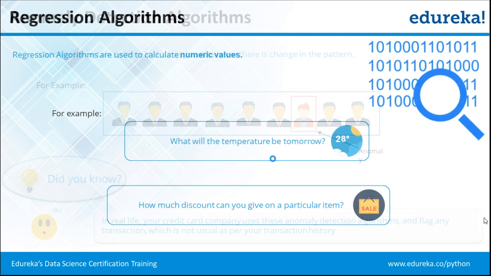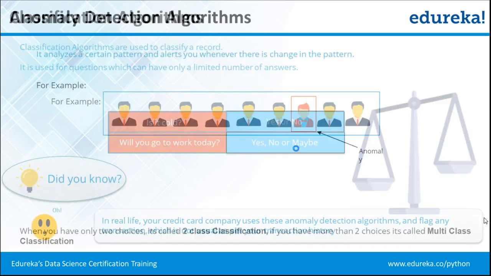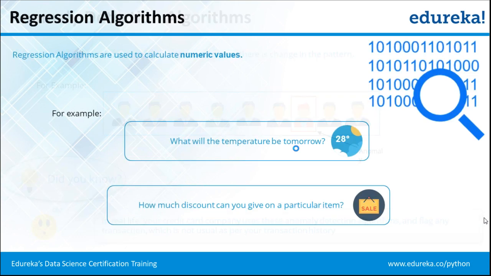If you see here, in classification there are only two output values in this problem statement, or only three output values, but if we talk about temperature, it can be anything: 25, 26, or 26.1, 26.2. Infinite possibilities are there.